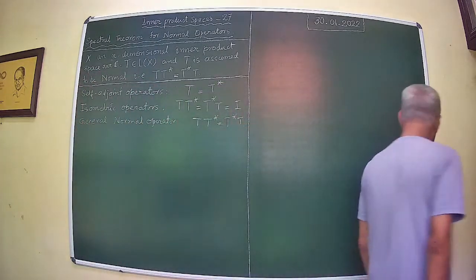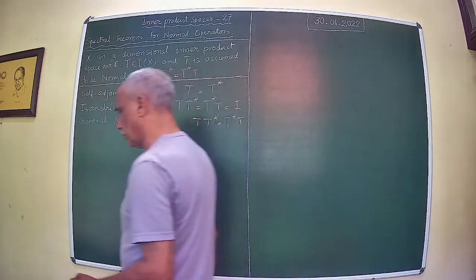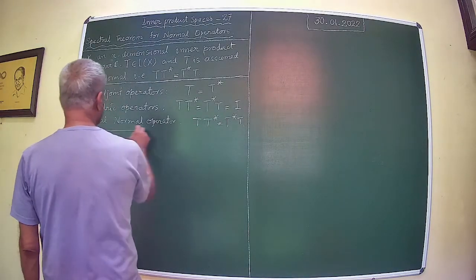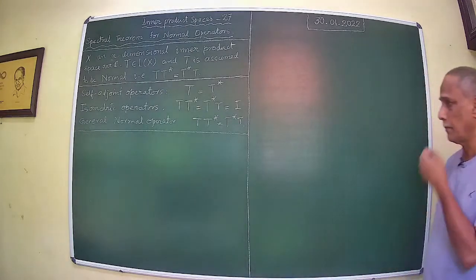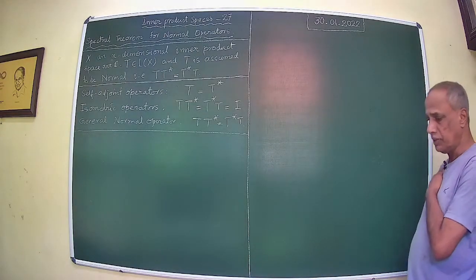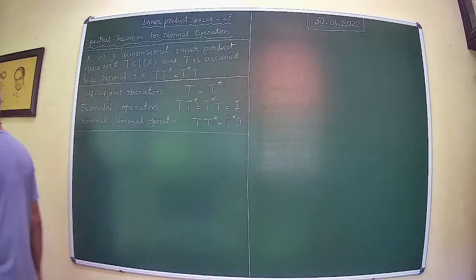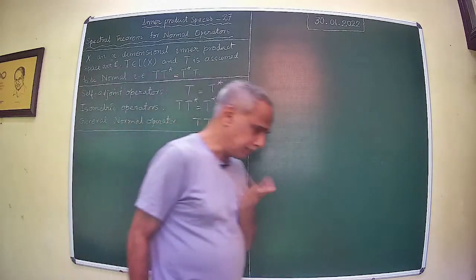So every self-adjoint operator is a normal operator, every isometric operator is a normal operator, and you have the general normal operator which may not be self-adjoint or isometric. Now in all these cases the diagonalization is possible with the specialities.